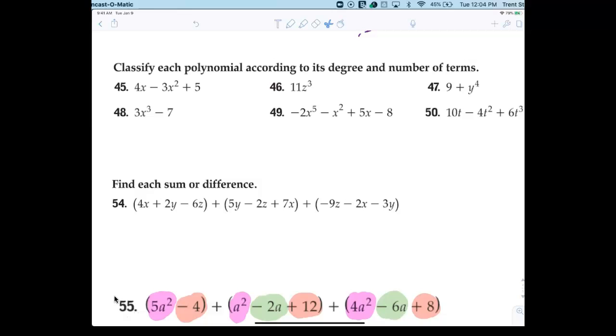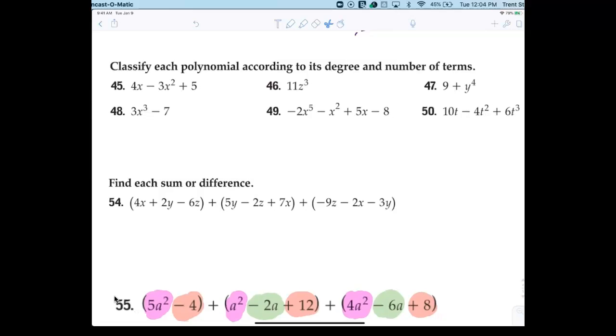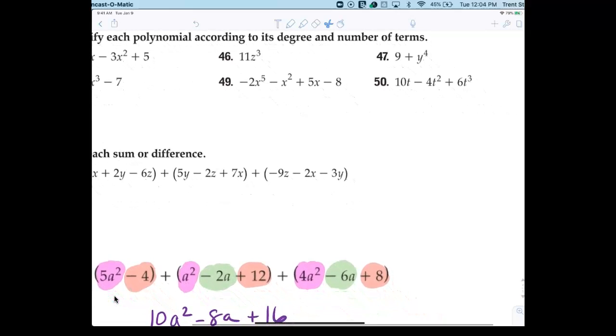Any issues with that? 46 is a monomial with a degree of 3. 47 is a binomial with a degree of 4, right? 48 is a binomial, degree 3. 49 is a polynomial with a degree of 5. And 50 is a trinomial with a degree of 3.